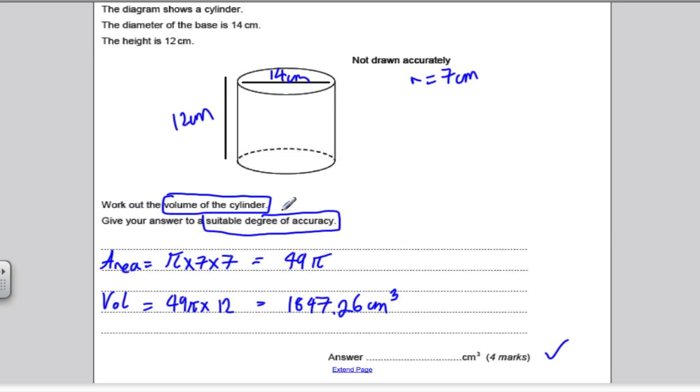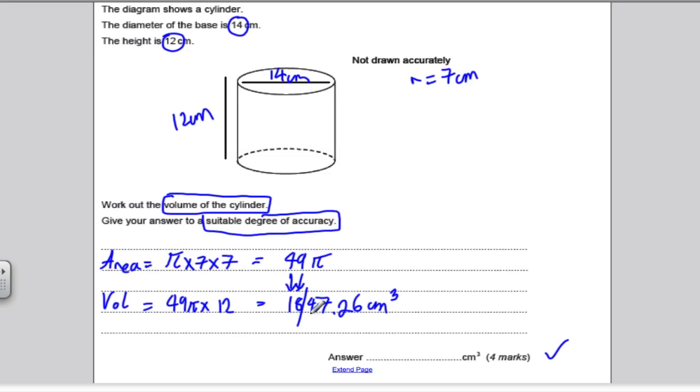Now, there'll be 1 mark for a suitable degree of accuracy. Now, the lengths given to us in the question are to 2 significant figures. So the best thing really to give back here would be to give the answer to 2 significant figures. The first significant figure is the first number we see. That's the second. Put a line after it.